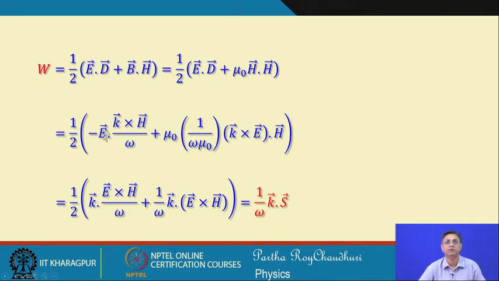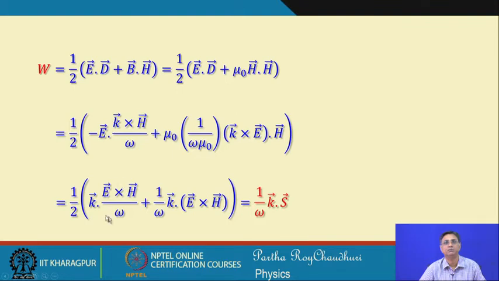So, if we simplify this, we can write this equal to half minus E dot k cross H, because for D we can write k cross H by omega with a minus sign, and for B we can write k cross E by omega, and one mu is already here. So, k cross E dot H, you can see that is k dot E cross H by omega, and the other is also k dot E cross H by omega.